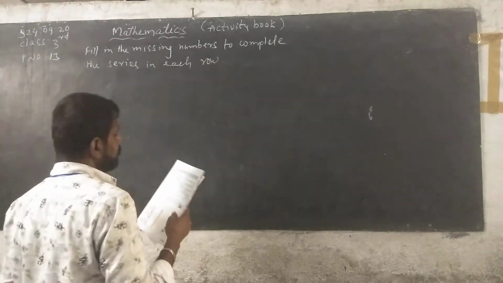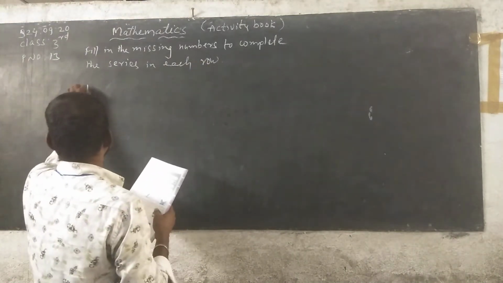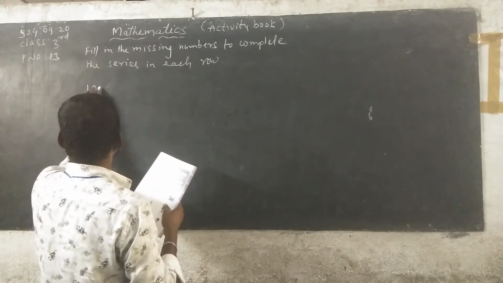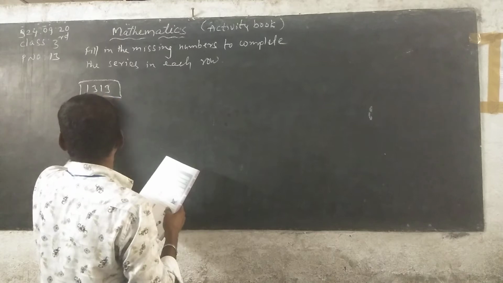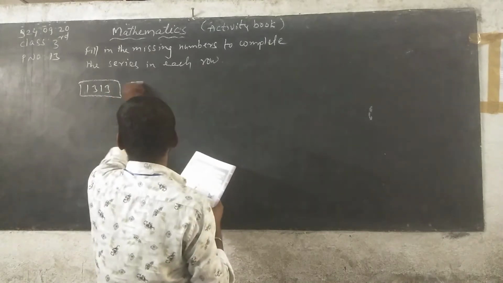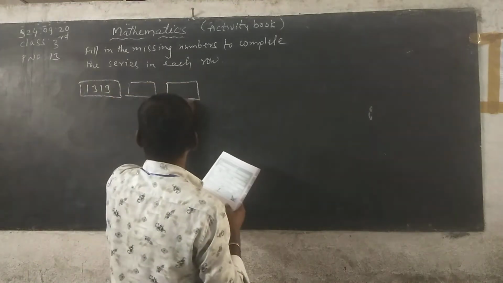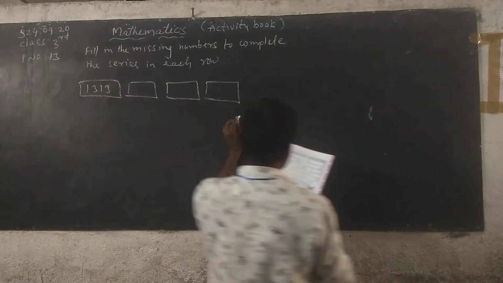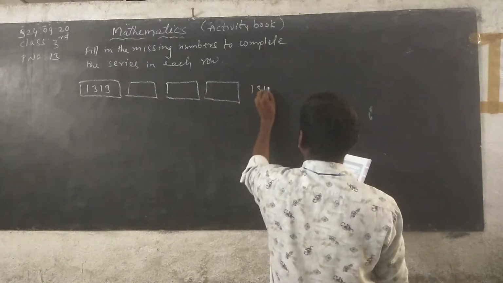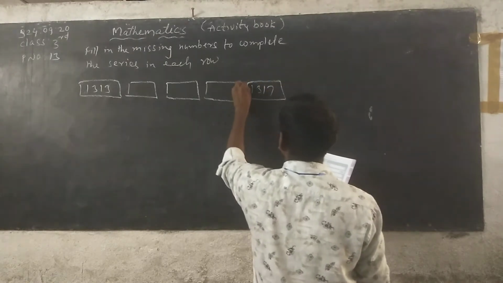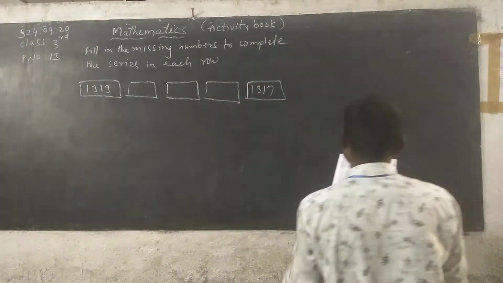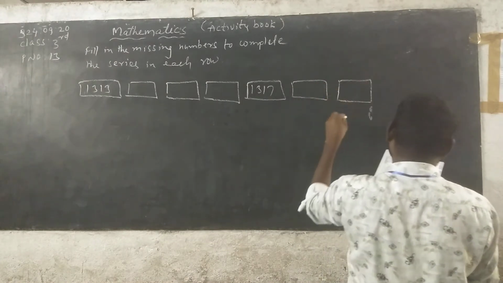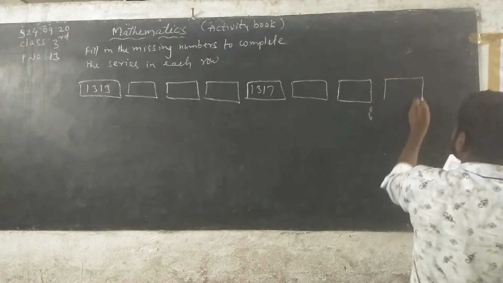So first row, 1313, next dash, next dash, next dash, next 1317 is given, next dash, next dash, next dash.